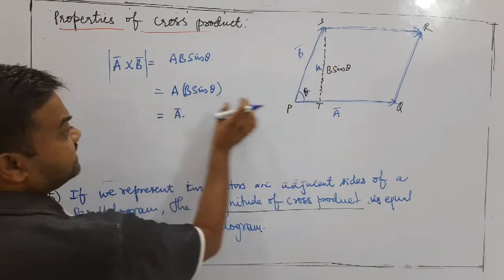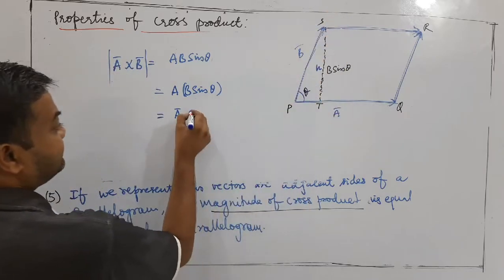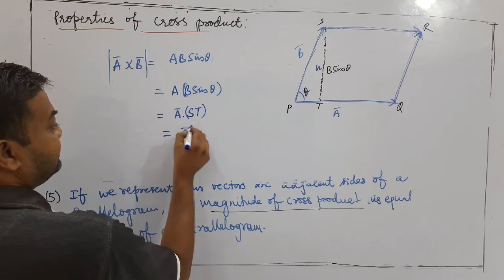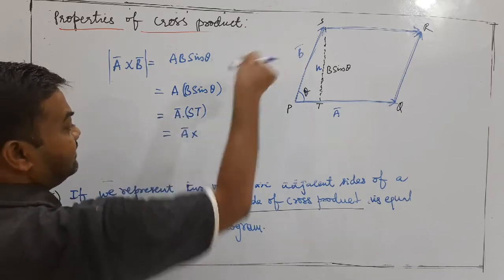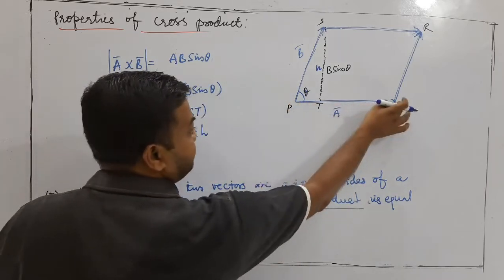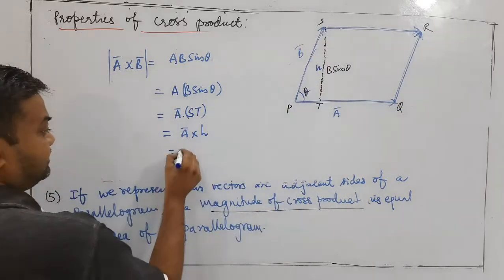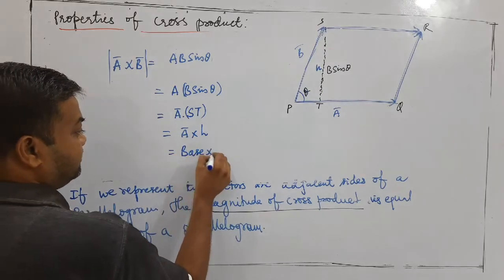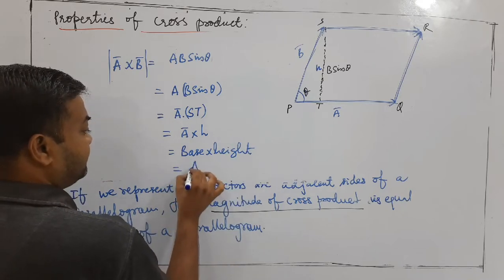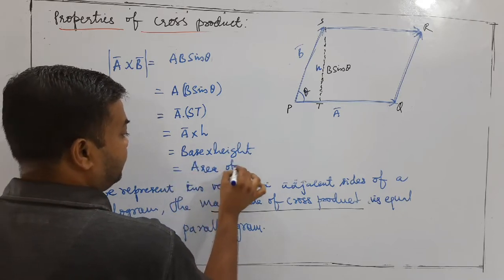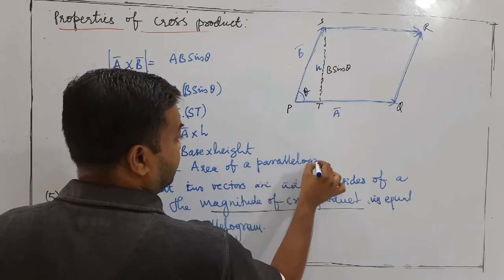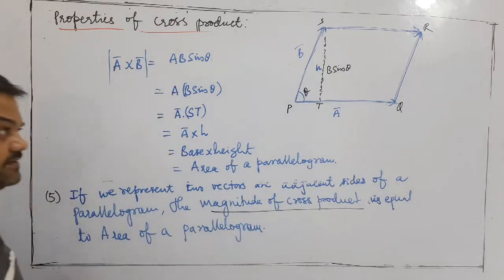Then B sin theta is nothing but ST, and this ST is nothing but height, and A bar is nothing but base. Base into height. This base into height gives the area of a parallelogram, like this we can write.